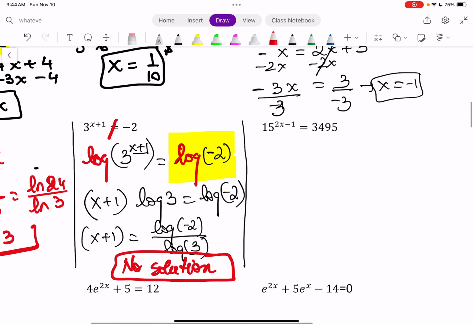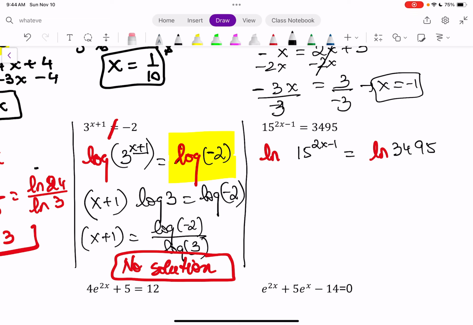All right. This one here should work though. So immediately I'm going to log both sides. And again, I know it works because it equals a positive value. Okay.